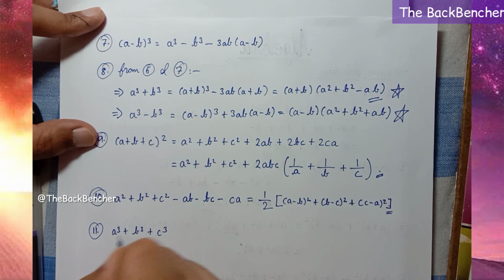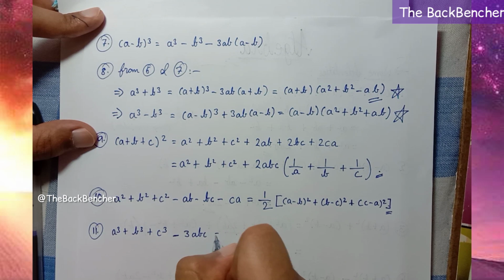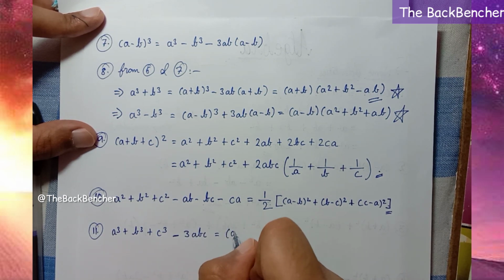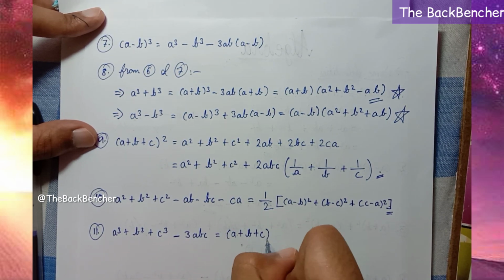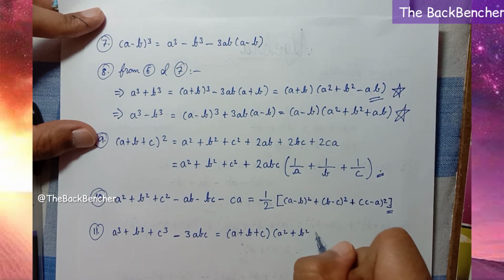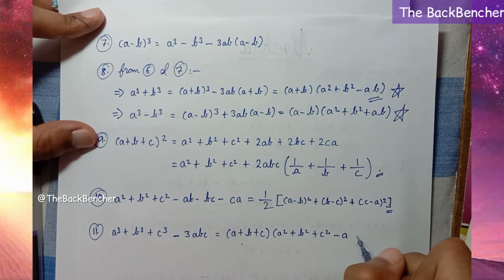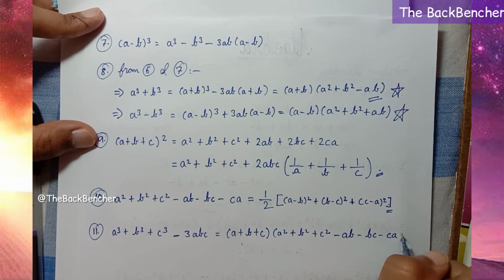Okay, a cube plus b cube plus c cube, the 11th equation, minus 3abc equals (a+b+c) in the whole bracket, and further (a square plus b square plus c square minus ab minus bc minus ca), and the bracket closed.